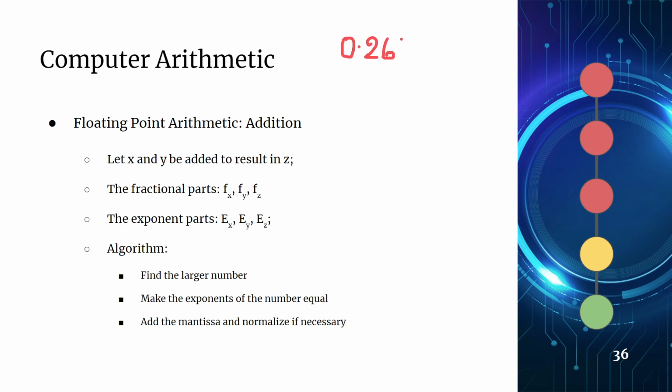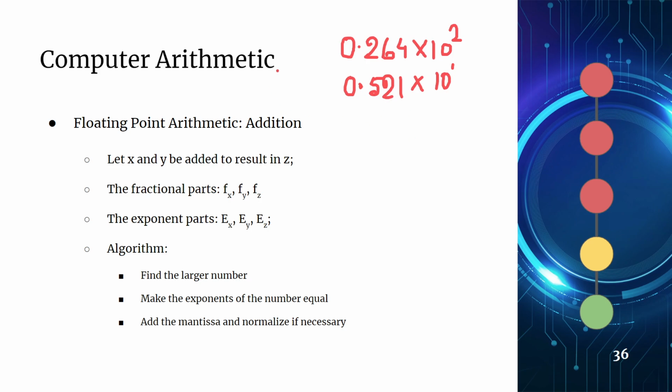So I will say that one number is 0.264 times 10 to the power 2, and another number is 0.521 times 10 to the power 1.